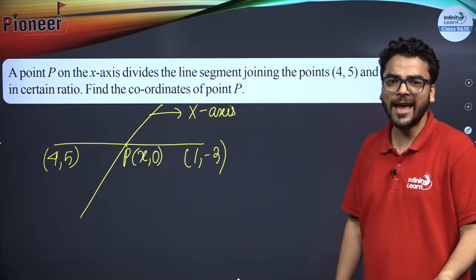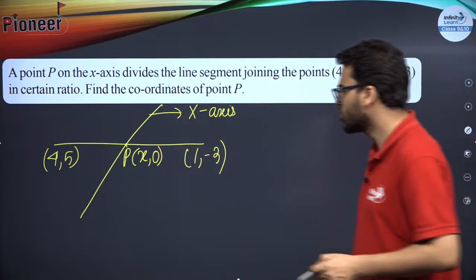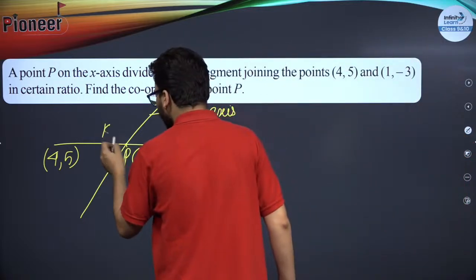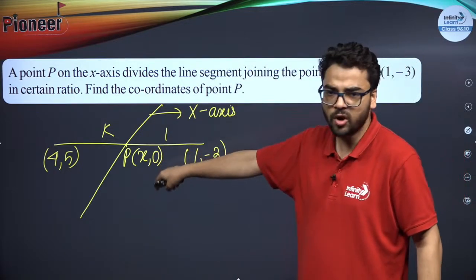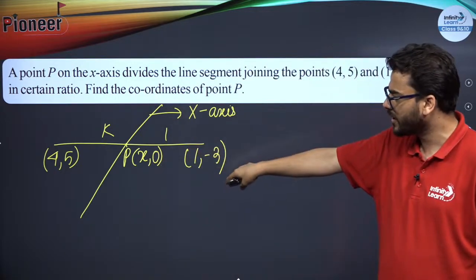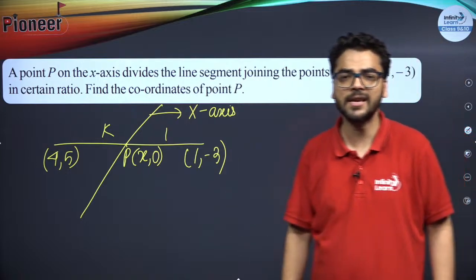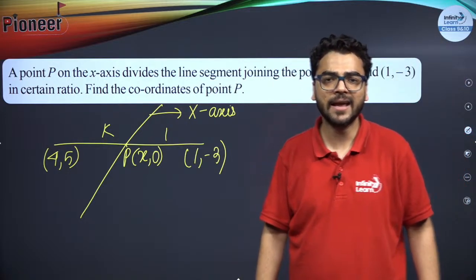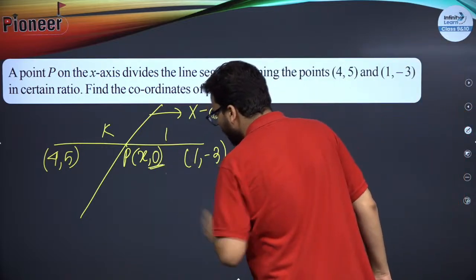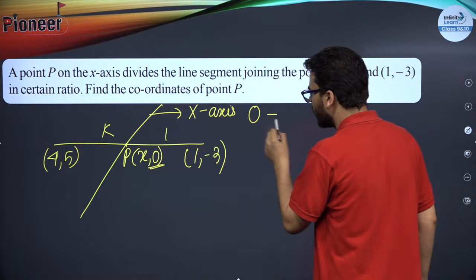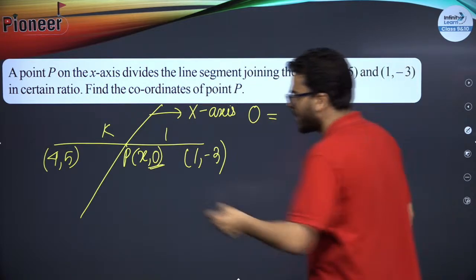Now we don't know the actual ratio over here. So can I assume that that ratio is k is to 1? Can I assume that this point P x, 0 is dividing the line segment joining 4, 5 and 1, minus 3 in the ratio k is to 1? And can I use the section formula over here? So you see this y coordinate will be what, guys? 0 is equal to, you have studied the section formula, right?